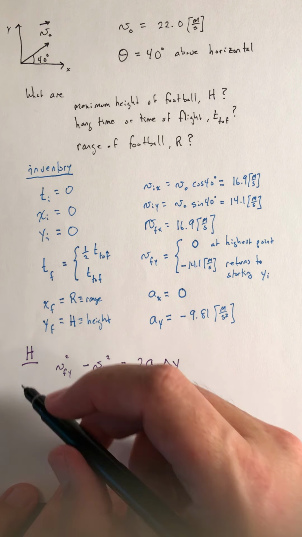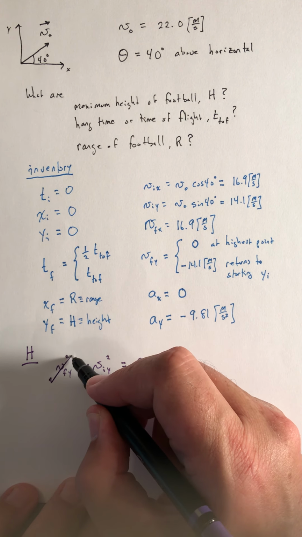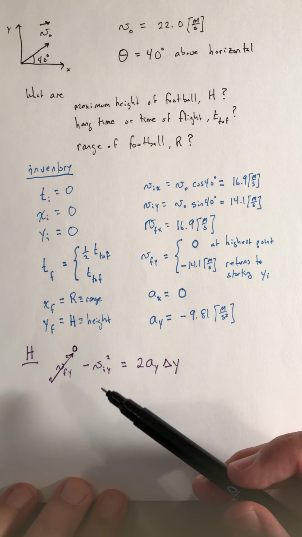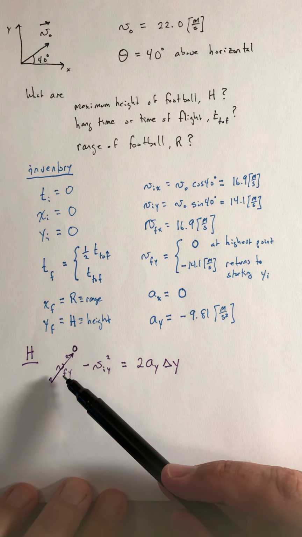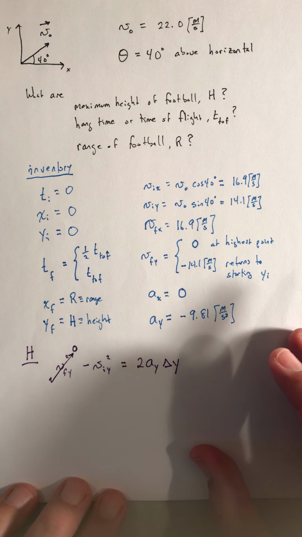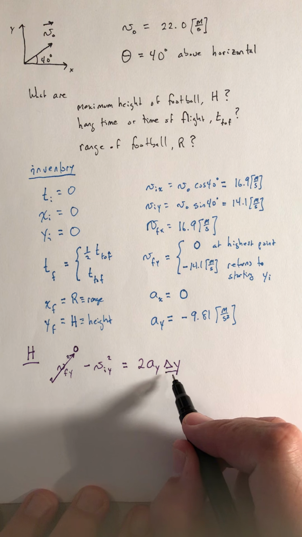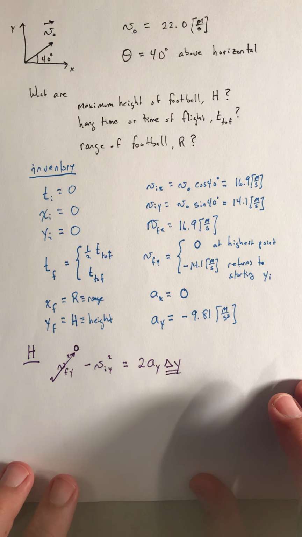And at the highest point, the football is neither going up nor going down, so v final y has to be 0. I want to use this equation to solve for delta y.